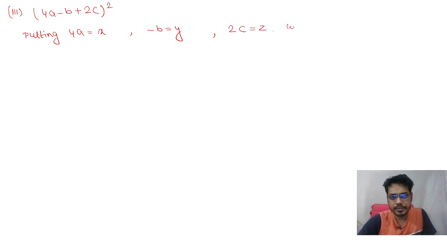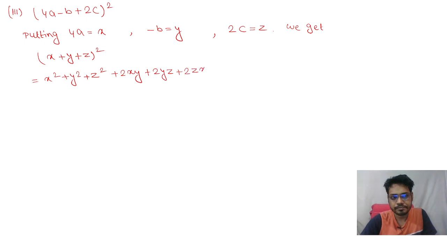Then we get x plus y plus z its whole square. The formula is x square plus y square plus z square plus 2xy plus 2yz plus 2zx.